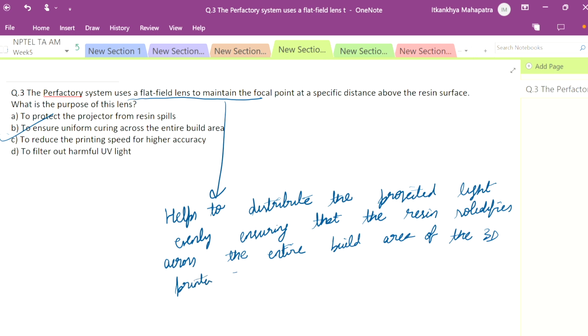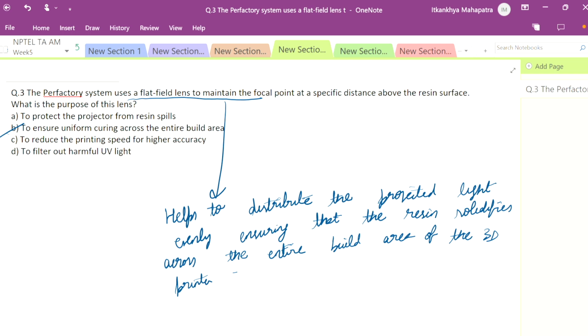Now, what about the other options? The correct option is option B. Now, protecting the projector from resin spills. This is not the primary function of the flat field lens. This would typically be addressed through design considerations and protective measures rather than relying on a lens. And the flat field lens does not affect the printing speed or accuracy directly.